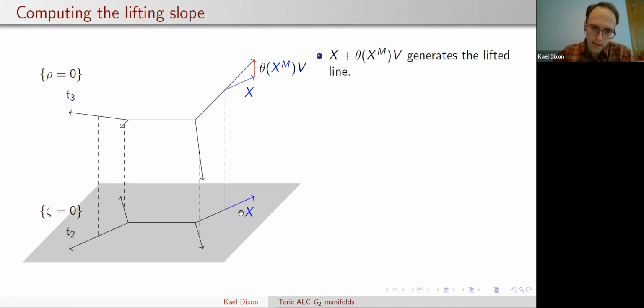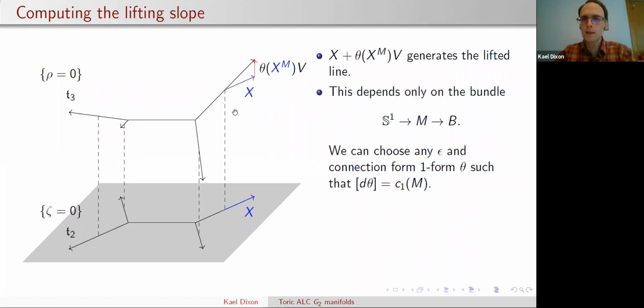You take any generator of one of the lines, and then you look upstairs and want to figure out what the slope is, and then you get this nice formula. You have the connection one-form evaluated at the lifted vector field, times v, which is just the generator in this direction.